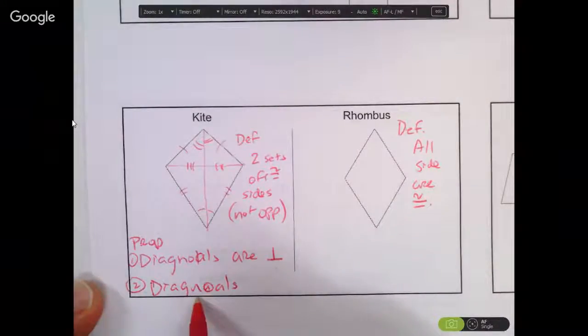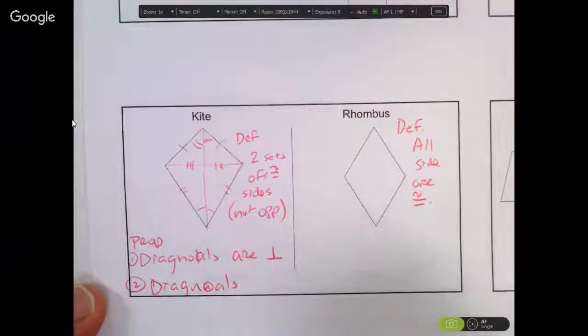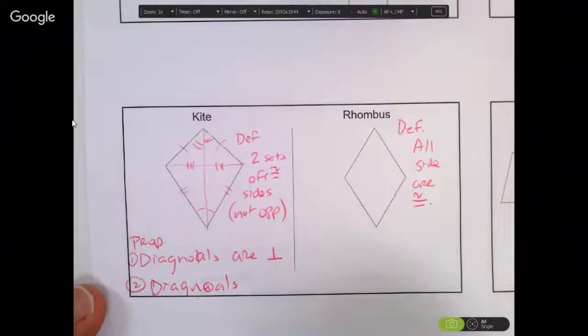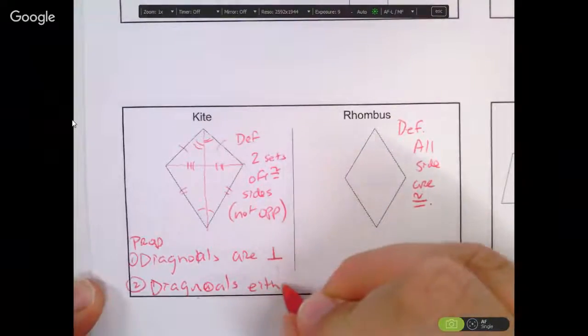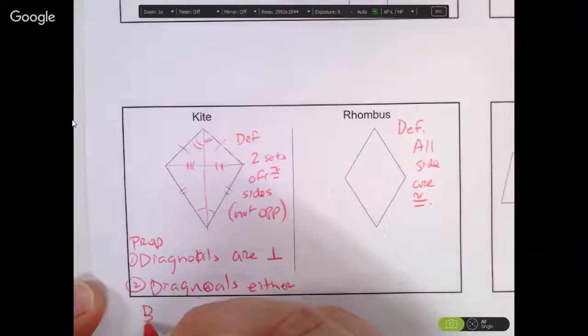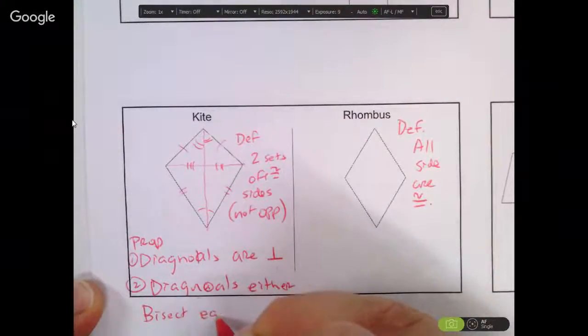Oh, I'm switching my no. It should be on, not no. Diagonal. English isn't my first language. That's how you know it's not right.